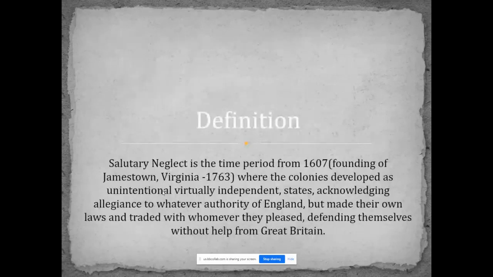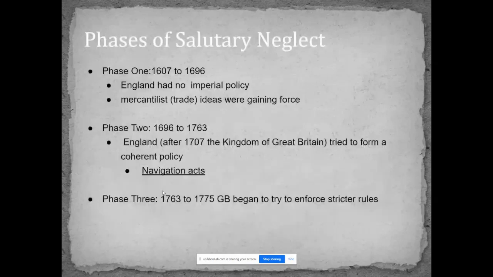To flesh out this definition here, it's important to understand that there were three phases of salutary neglect, right? So there's this phase right here, basically no imperial policy whatsoever, right? But mercantilistic trade was beginning to gain force, right? So what this phase is dealing with is, again, remember, England is Johnny-come-lately to this game of empire.